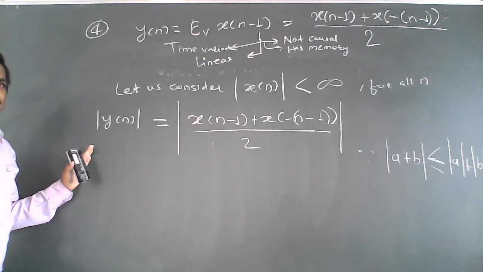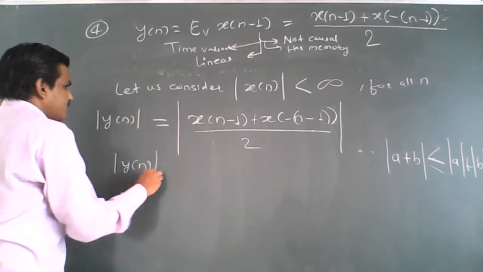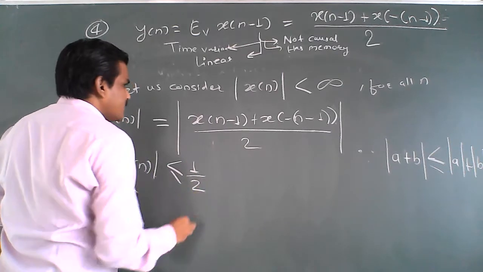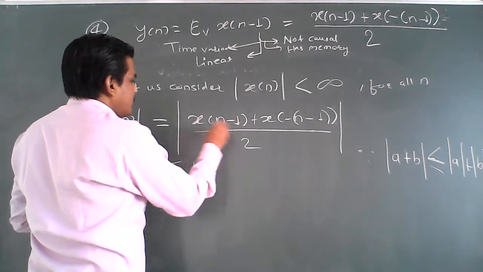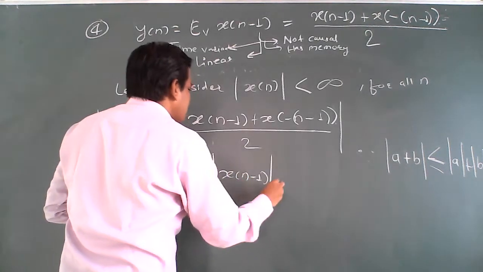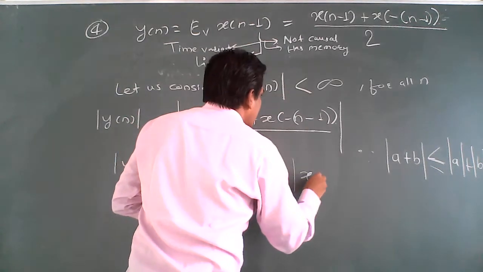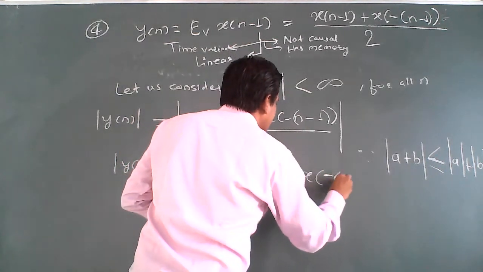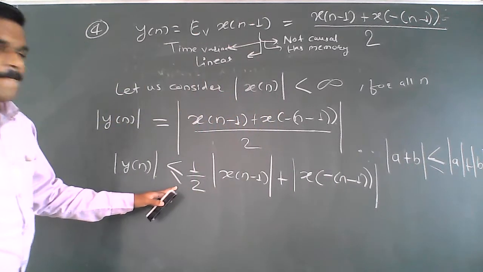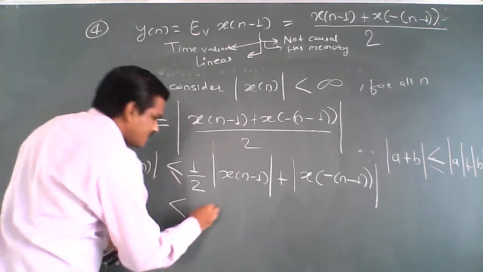What this implies is that mod of y of n, taking 1 by 2 common, is less than or equals to 1 by 2 mod of x of n minus 1 plus mod of x of minus n minus 1, which is less than infinity.